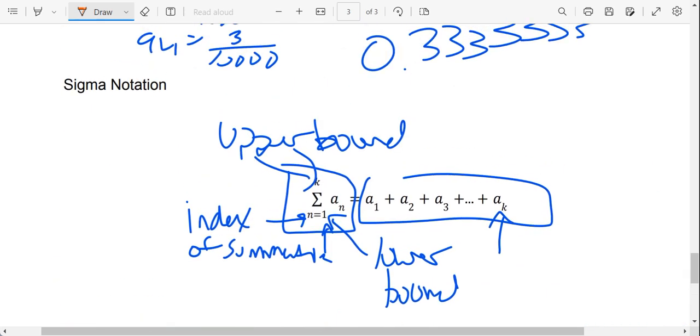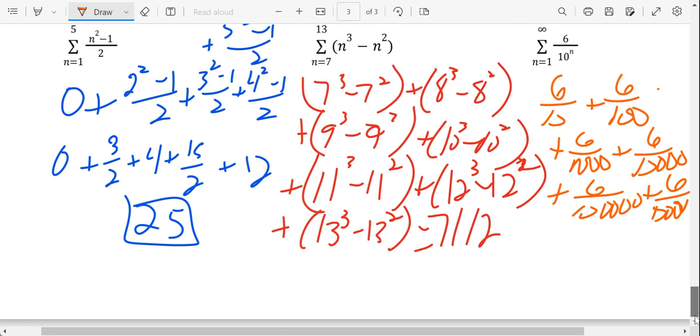So what do you get when you add them all up? You're going to get closer and closer to the same value. That value is 2 over 3. That's going to be 0.6 repeating forever. So you should know that that fraction is in fact 2 over 3.